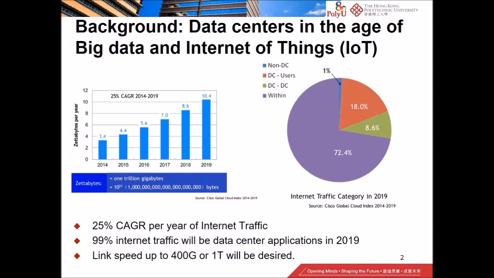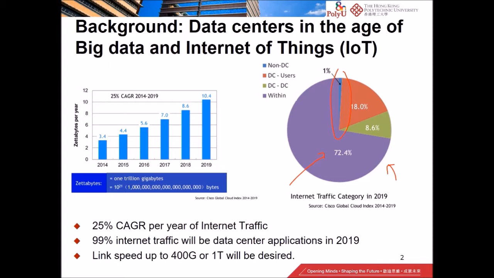Now, of course, internet traffic goes up with time, but more interestingly, if you look into the distribution of internet traffic, you realize that in these few years, most of the internet traffic is actually within or between data centers. And in fact, the part of traffic that goes to the end customers actually constitutes a very small portion of the global internet traffic.